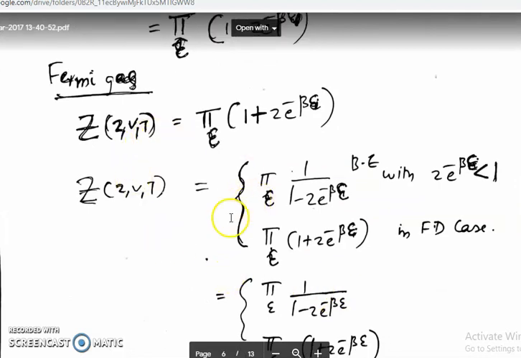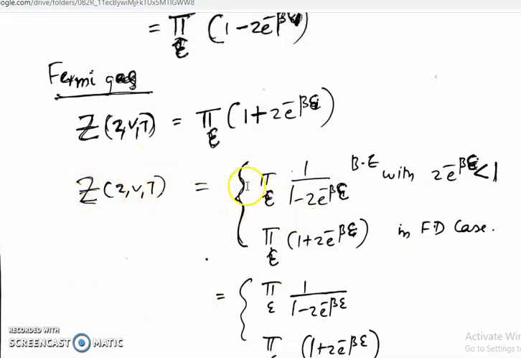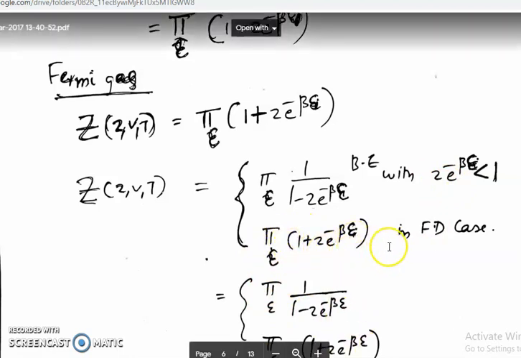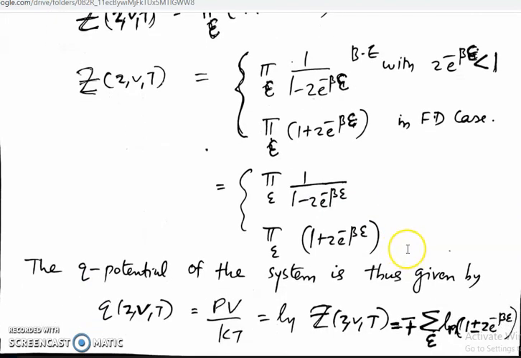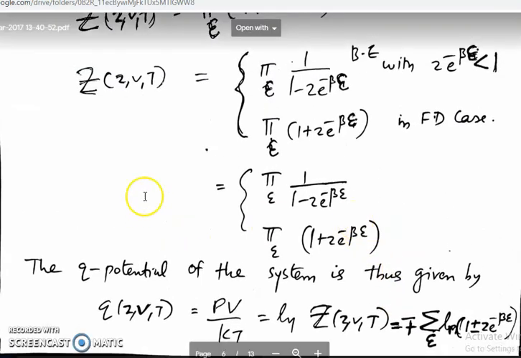So generally you can write the grand partition function as the product over the single particle states of 1 by 1 minus z e to the power minus beta epsilon for the Bose-Einstein case, and the product over epsilon of 1 plus z e to the power minus beta epsilon for the Fermi-Dirac case. So the Q potential is the log of the grand partition function.